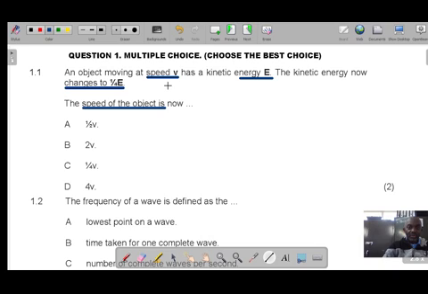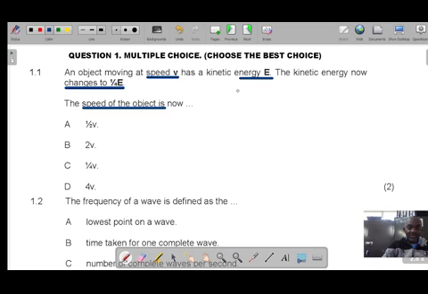Now, how do you find the kinetic energy anyway? What does the formula say? The formula says that E equals half mv squared.